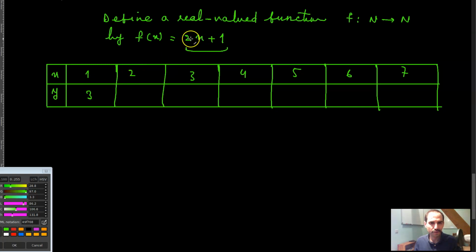If x is 2, 4 plus 1 is 5. 6 plus 1 is 7, then 9, 11, 13, and 15. So this y is the image of x under f, and this is your x.